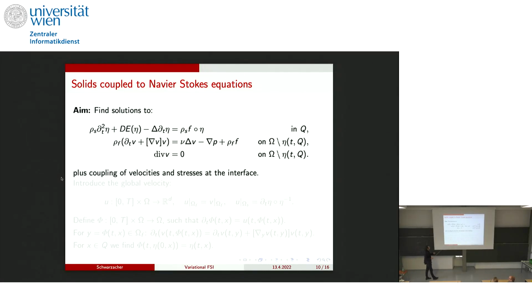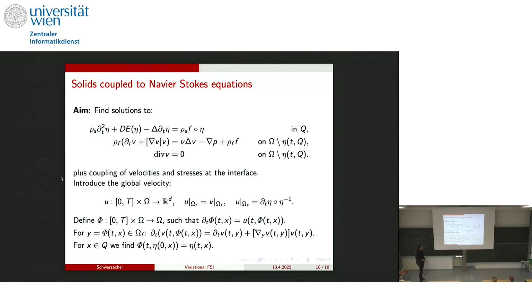Now, the last step was to realize that this convective time derivative is also something like an inertia. And so we introduced something like a global velocity and also a global Lagrangian map.